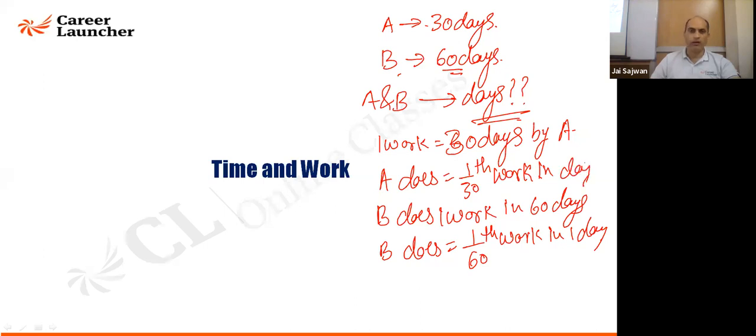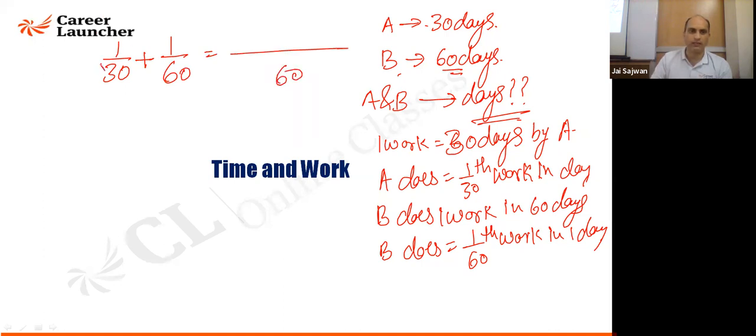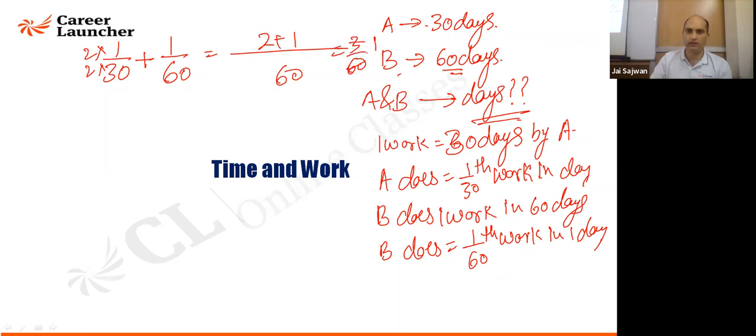I believe all of you are clear. If I take 30 days to complete a job, can I say one day I'll be doing 1/30th of the work? So if both of them are combined, one does 1/30th of the work, the second does 1/60th of the work. I'll take the LCM as 60 and multiply the first by 2, numerator and denominator. So that comes out to be 2 plus 1, which is 3/60, which is 1/20.